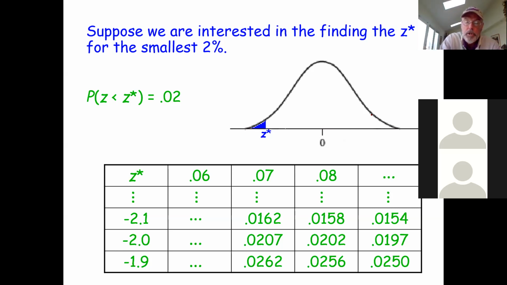This here is pretty close to that number, 0.02, and we want the z-score for that number. All right, so that is a negative 2.08. Questions about this?